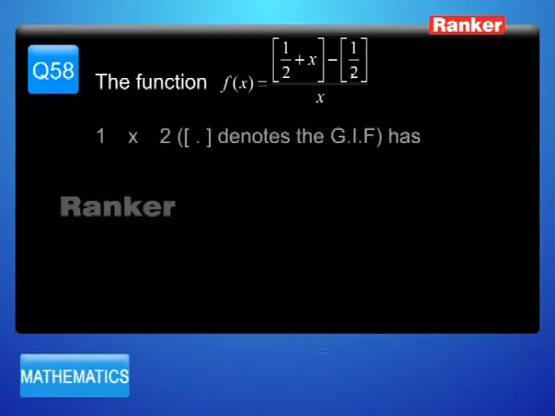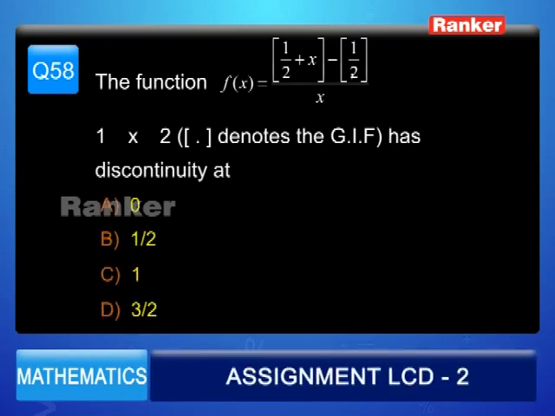Next question: the function f of x is equal to integral part of x plus half minus integral part of half, divided by x, whenever x lies between minus 1 and 2, has discontinuity at: option A 0, option B half, option C 1, option D 3 by 2.